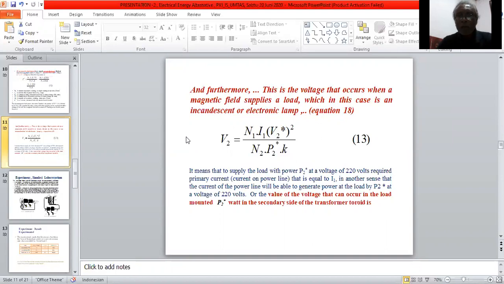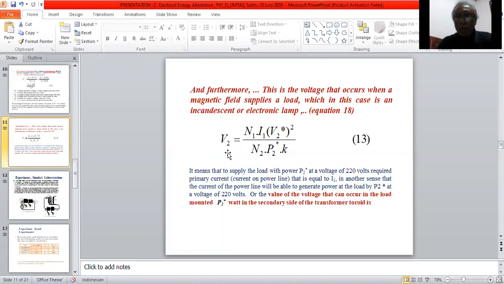In equation 18, it means that to supply the load with power P2* at a voltage of 220 volts requires a primary current equal to I1.